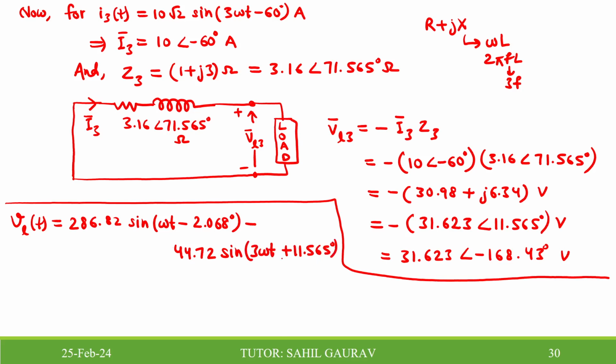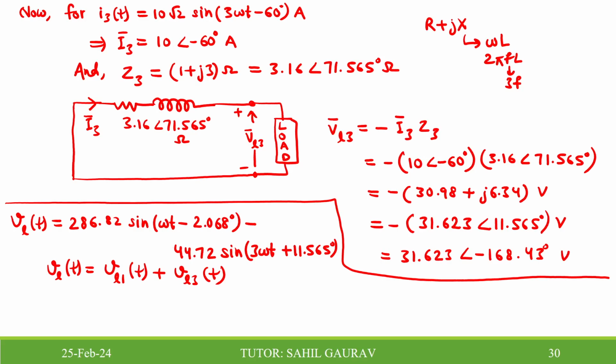This is the instantaneous expression. So we have written VLT as the summation of the fundamental VL1T plus the third harmonic component VL3T. So that is the expression for the voltage across the load.